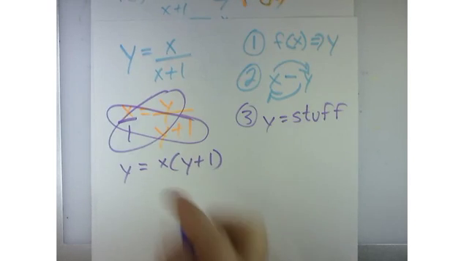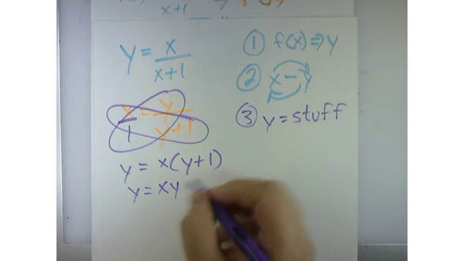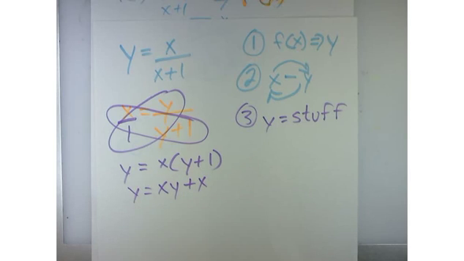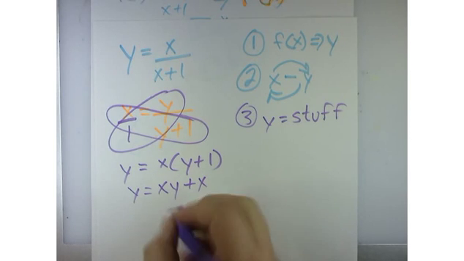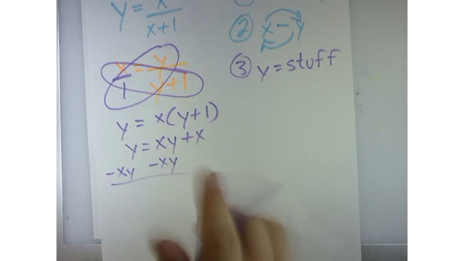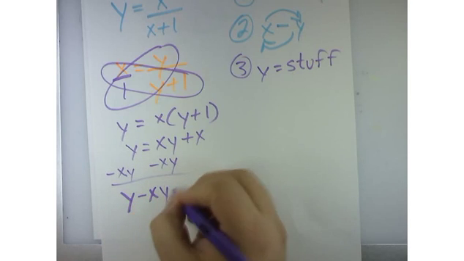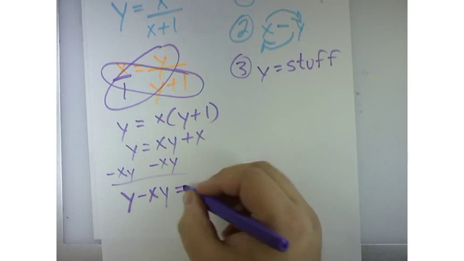I'm going to distribute the x through the parentheses, and I get xy plus x. Now if I take all the y values and put them on one side by doing minus xy to both sides, I end up with y minus xy is equal to x.